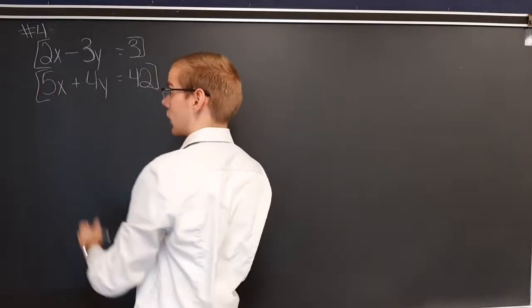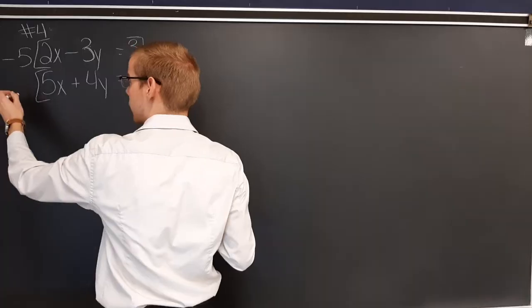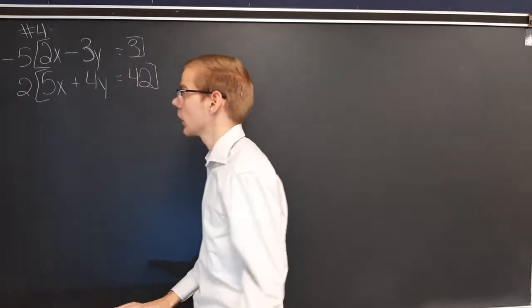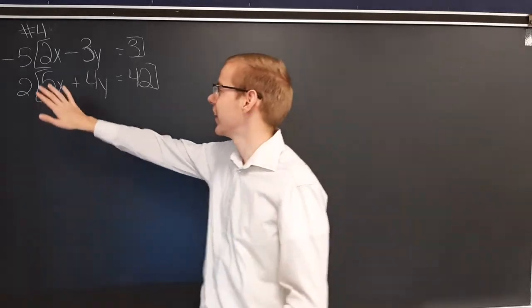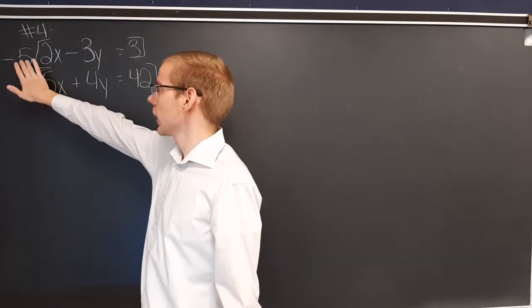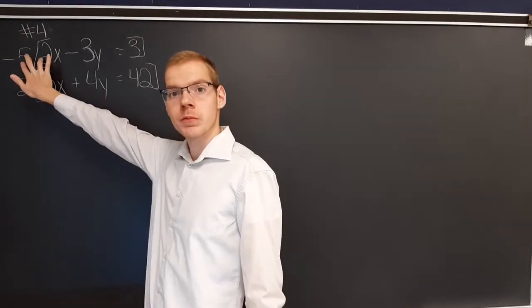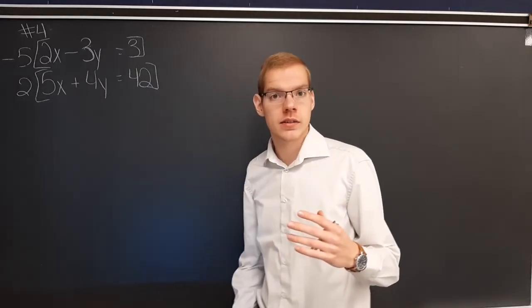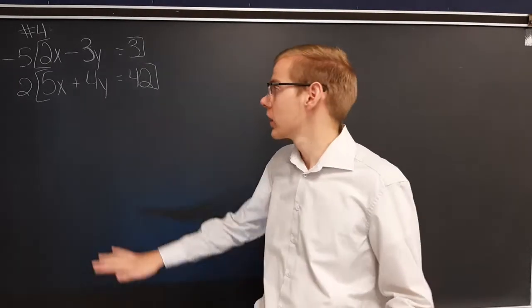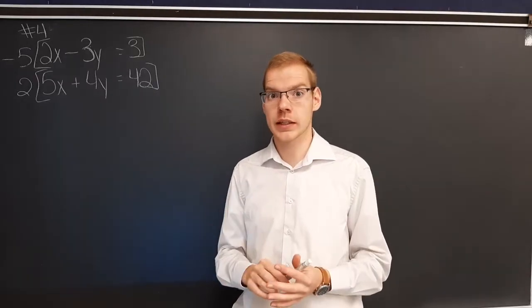We'll multiply both of them. So I would multiply this one by -5 and this one by 2. When I do this, I get -5 times 2x is -10x. And this one, 2 times 5x, is positive 10x. And then I can actually do the elimination process.